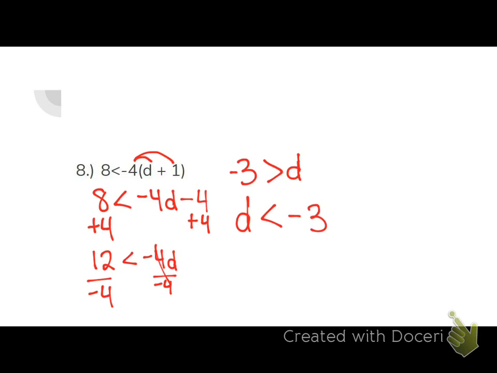One step at a time to make sure we're keeping track of our inequality symbol. When we graph this, are we open or closed at -3? Open at -3, shaded to the left. Remember to go by the symbol at the very end of the problem. At the very end we were less than, so we go left.